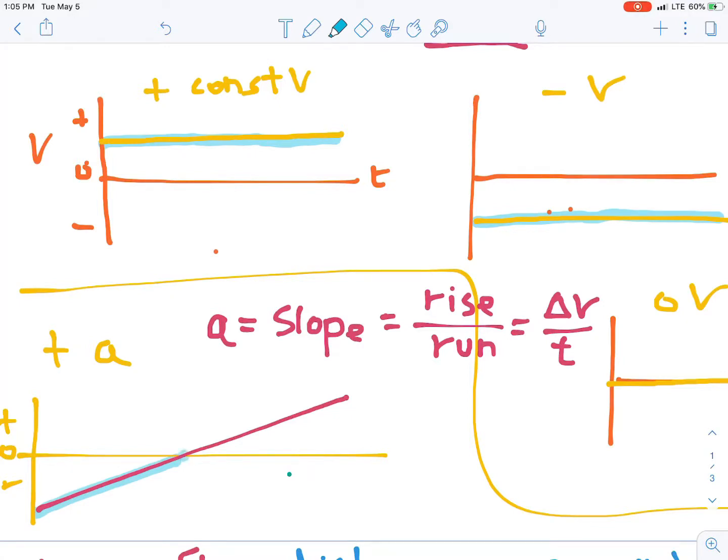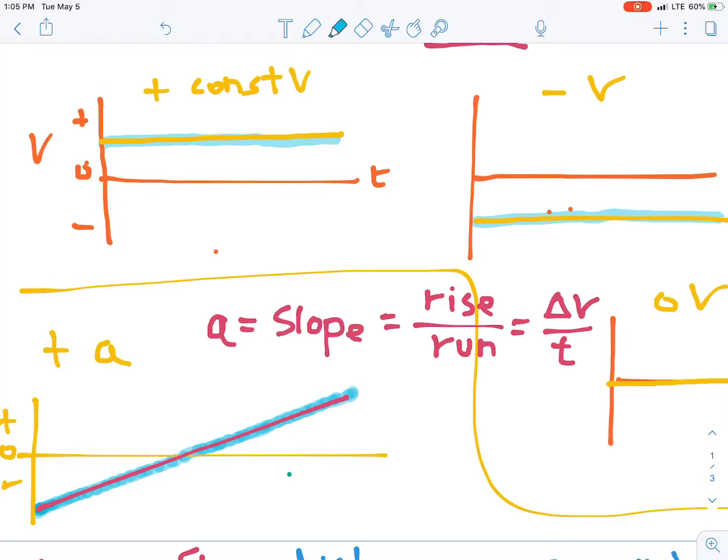Then after we get to zero, we continue to accelerate to a faster speed. It starts off going backwards very fast, slows down, goes to zero, and then after that point, still the same acceleration, it is now getting faster again.